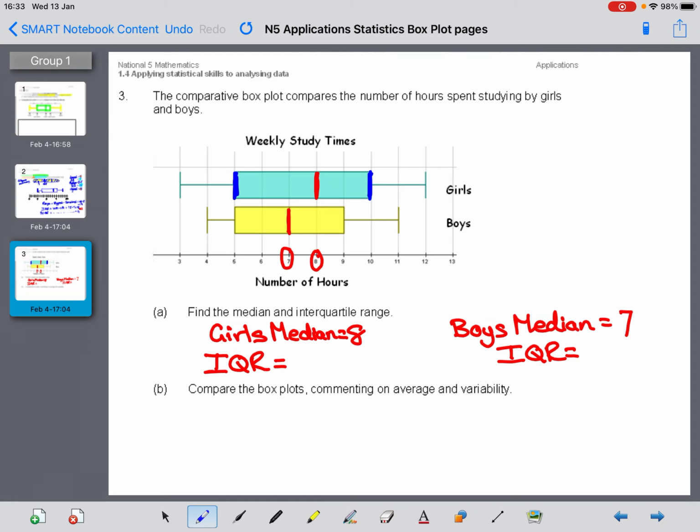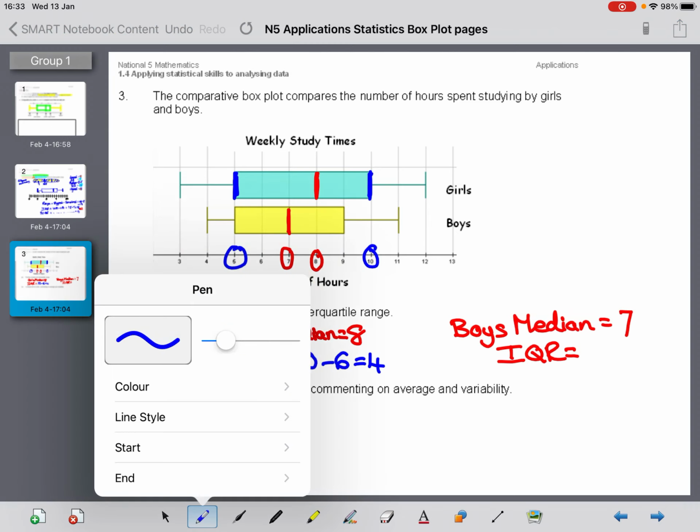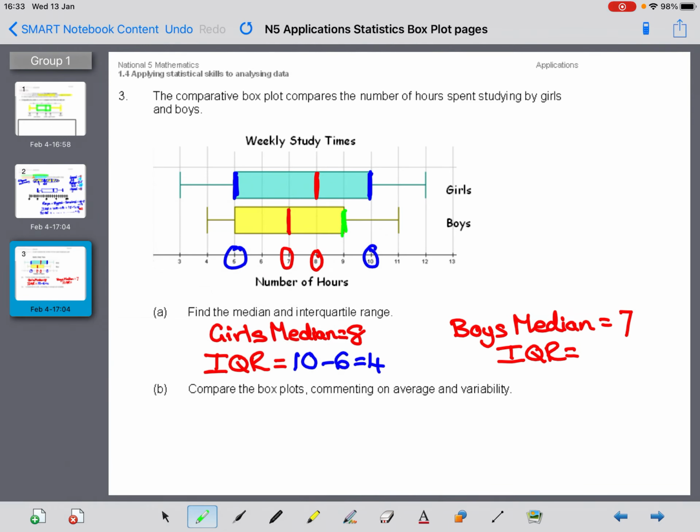Okay, so the interquartile range is going to be 10 take away 6 for the girls. That line there was coming down to 10. This one here was coming down to the 6. Okay, right, for the boys. And the boys have got 9 there, 9 take away 5, which makes 4 for the boys there.